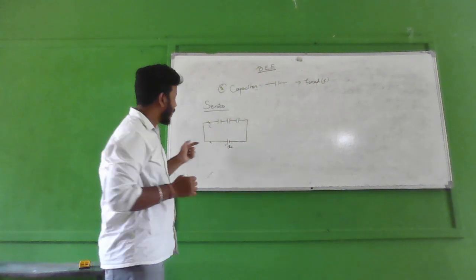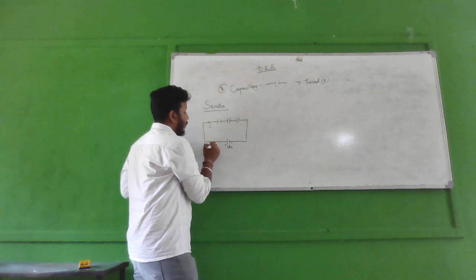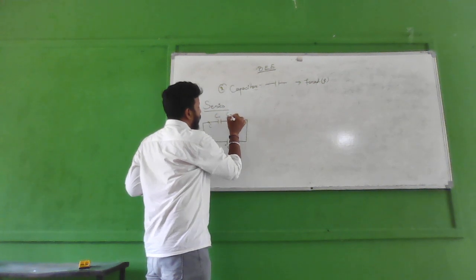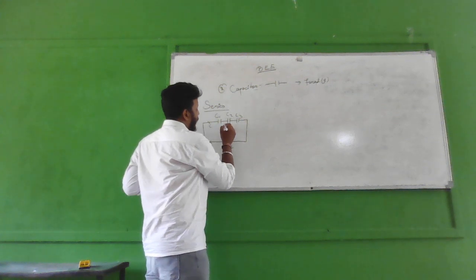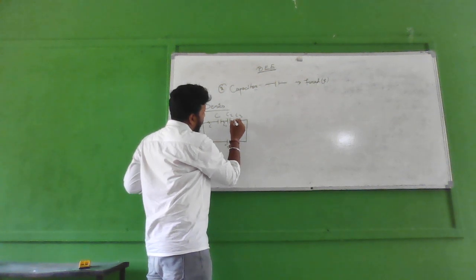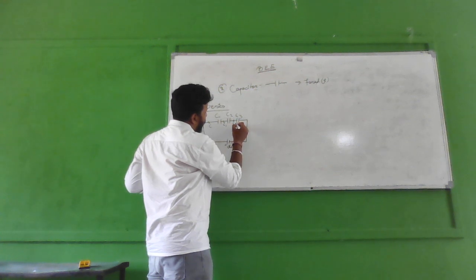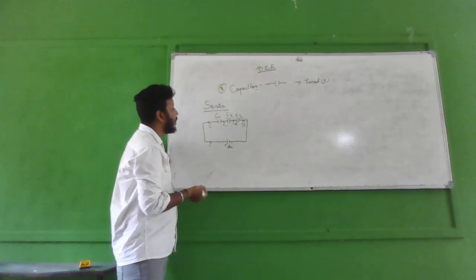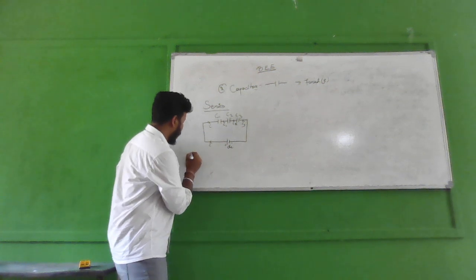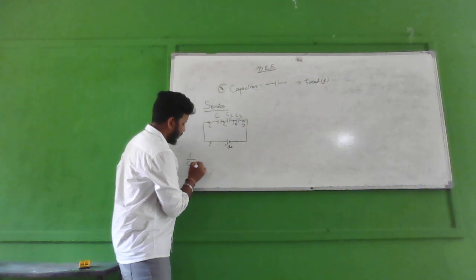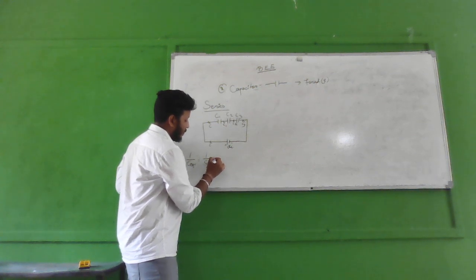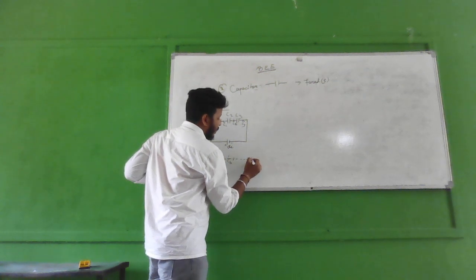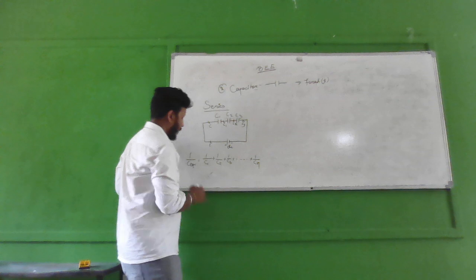In series, the current flows as I, then capacitor C1, C2, C3. The formula for series connection of capacitors is 1 by C equivalent equals 1 by C1 plus 1 by C2 plus 1 by C3, up to 1 by Cn.